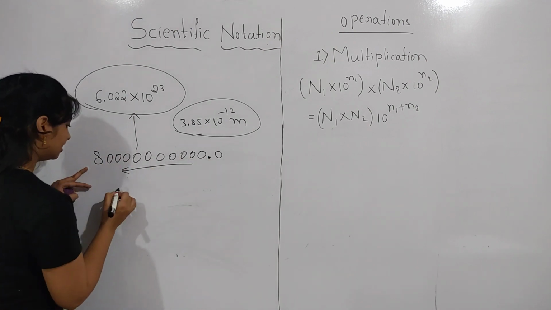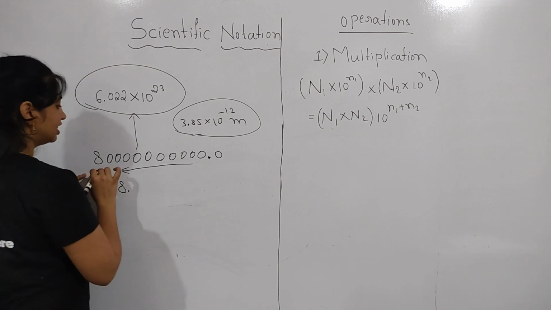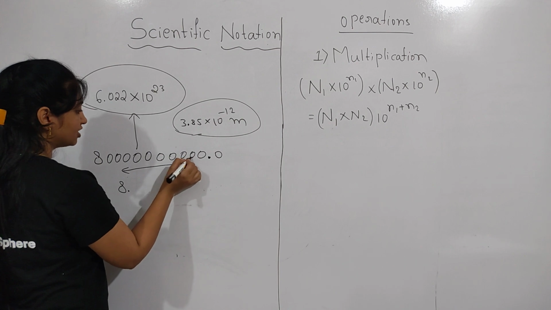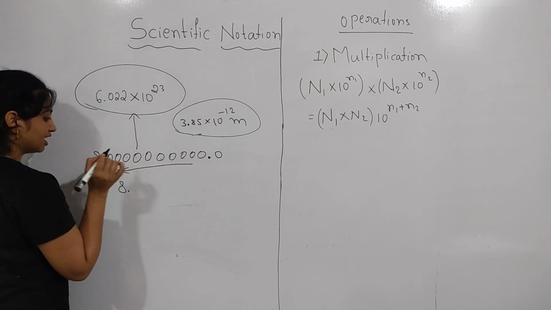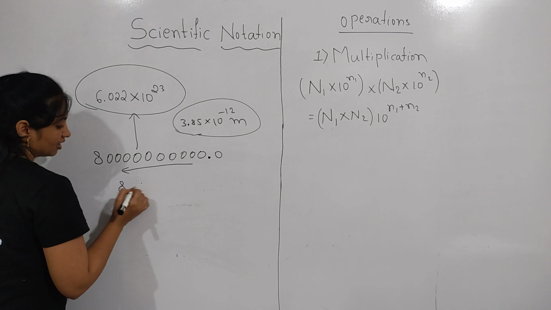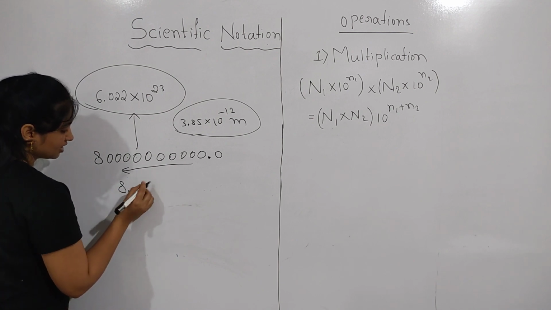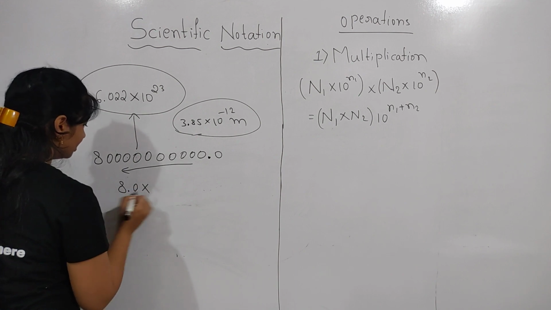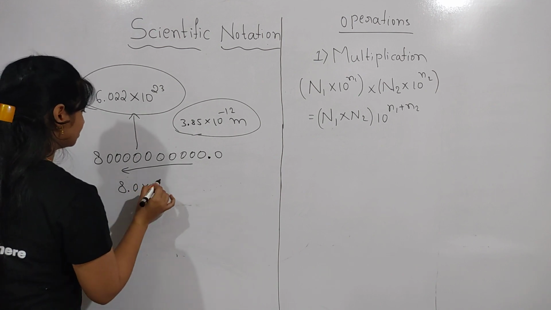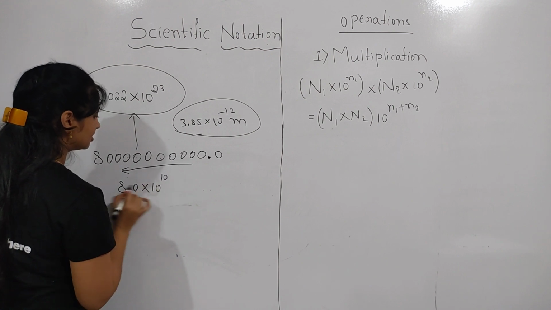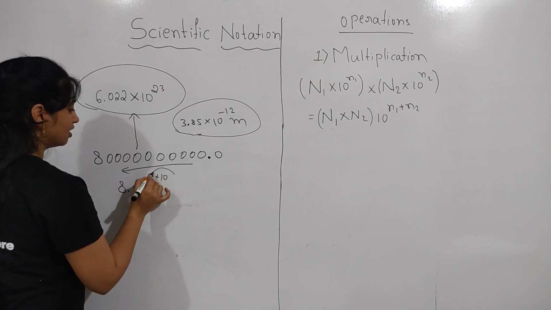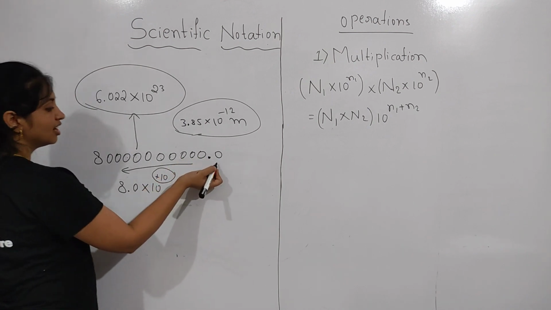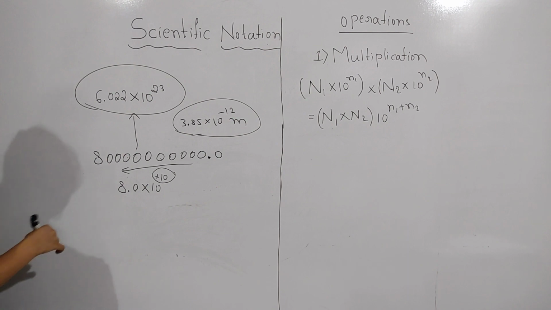So 10 numbers, 8.0 into 10 raised to 10. So this is a positive exponent value because we shifted this decimal point to the left side.